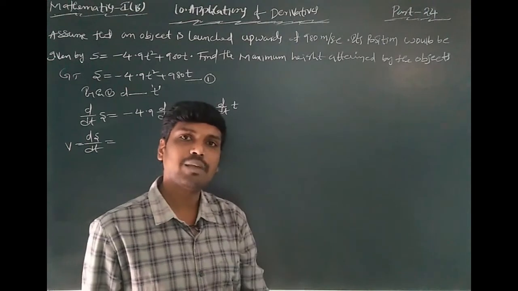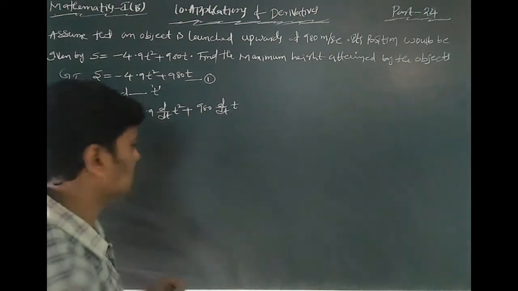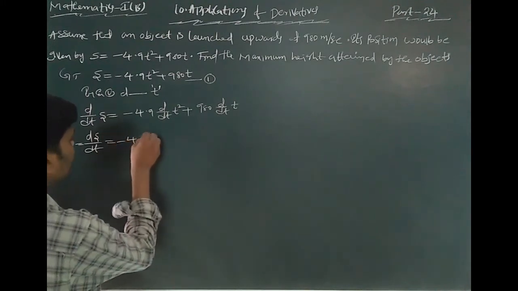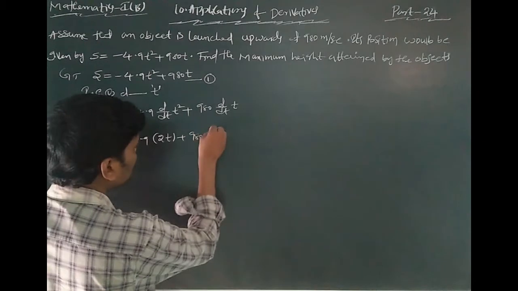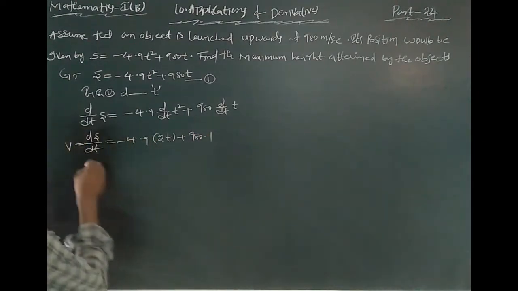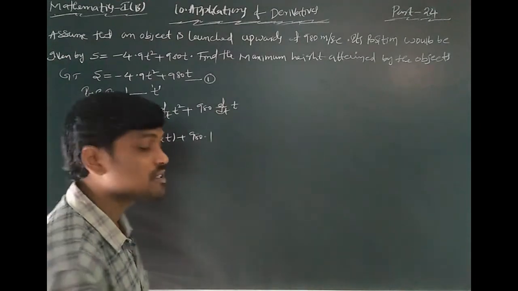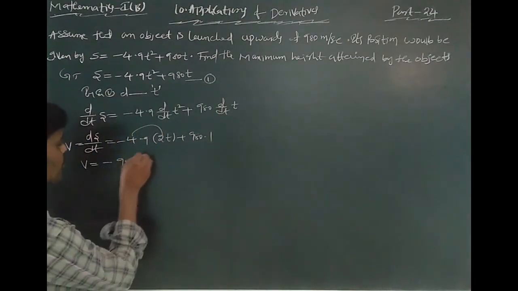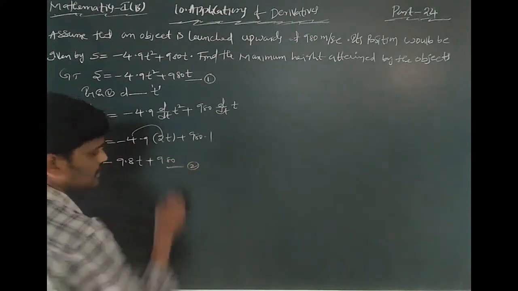The rate of change of displacement is called velocity, already explained. Minus 4.9 into t square derivative 2t plus 980 into t derivative is 1. You can write v is equal to minus 4.9 into 2, that is 9.8 t plus 980. This is the velocity.